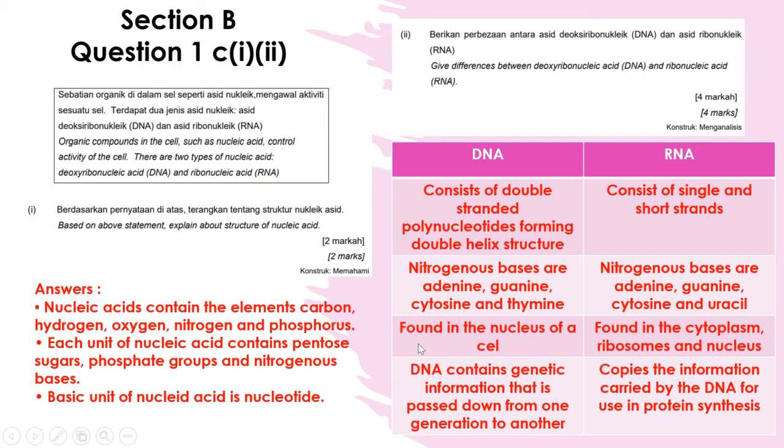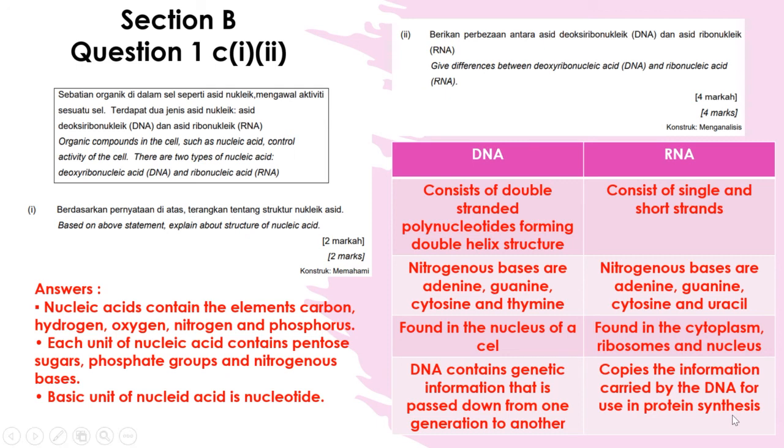Next, DNA is found in the nucleus. DNA will form the chromosome, so it is found in the nucleus of a cell. RNA is found in the cytoplasm. It will float in the cytoplasm, at the ribosome, and also inside the nucleus. Next, the DNA contains genetic information that is passed down from one generation to another. Whereas RNA just copies the information carried by the DNA for use in protein synthesis.